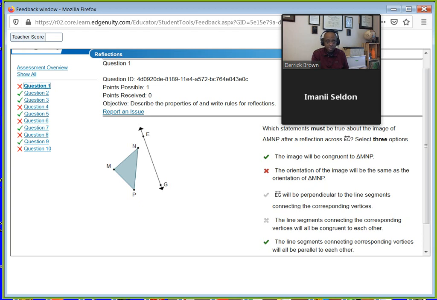Well, we know the image would have to be congruent. That's number 1. And that the line segments of the vertices are parallel. I have seen that from the ones that we've already looked at. And the orientation of the image will be the same as the orientation of the original image. That one's a little tricky, but that was not true either.